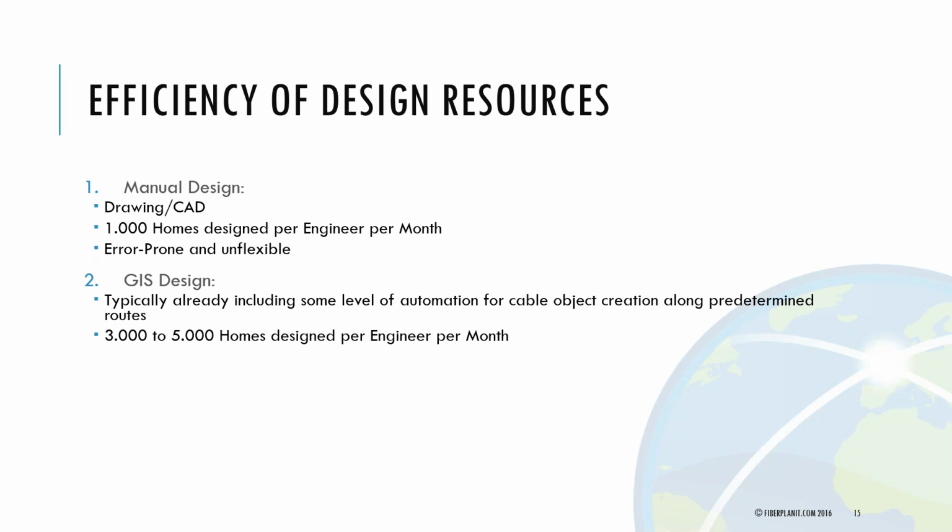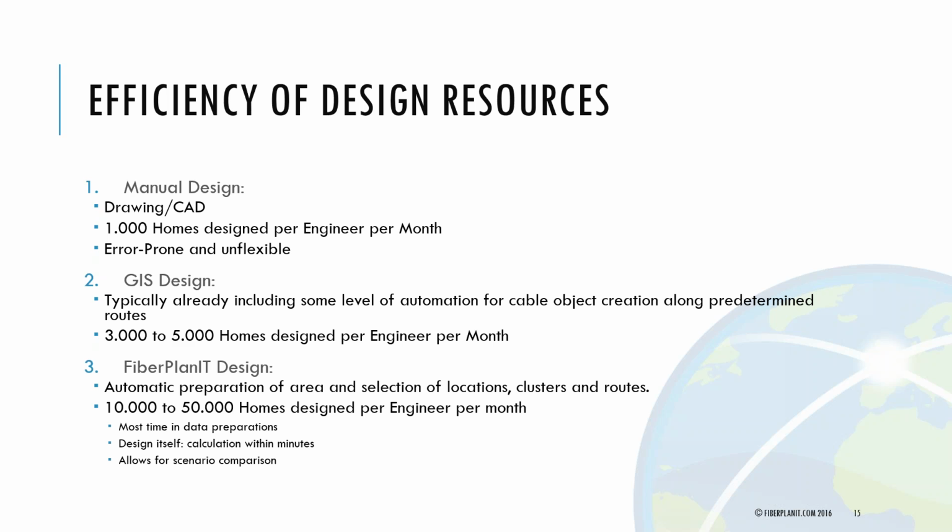Then if you move from manual design to an actual GIS design, within a GIS environment, normally in most solutions there is some level of automation for creating cables following a certain route. You can already increase to 3,000, 5,000 homes per engineer per month.